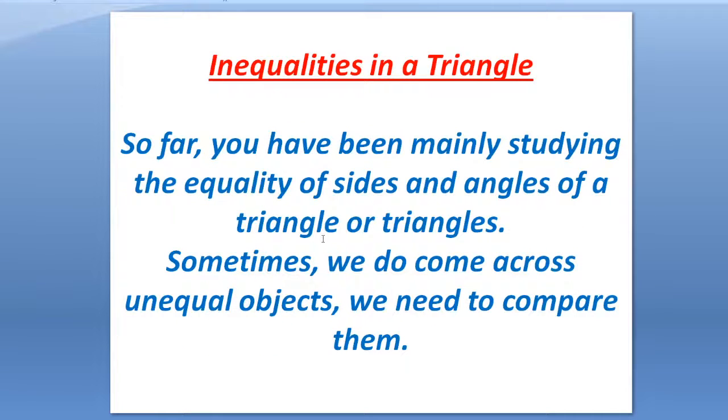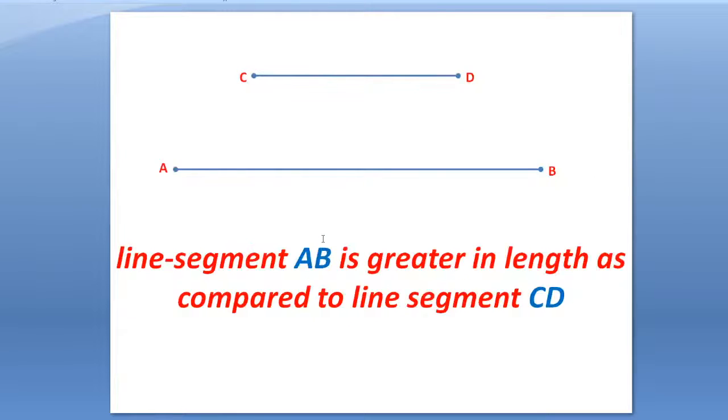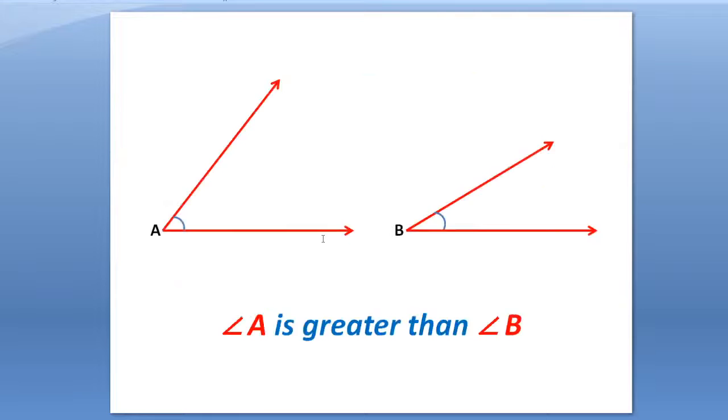Now, inequalities in a triangle. So far you have been mainly studying the equality of sides and angles of a triangle. Sometimes we do come across unequal objects, and we need to compare them. See here, line segment AB is greater in length as compared to line segment CD.